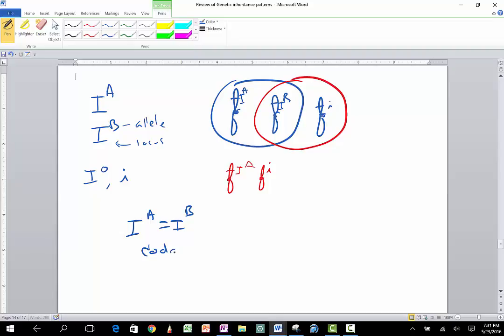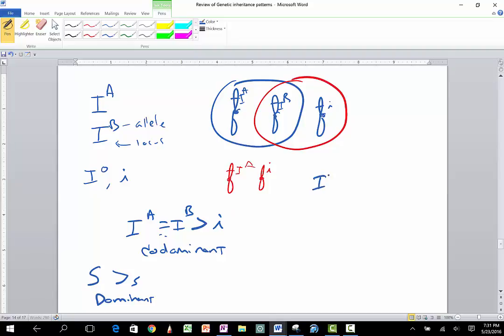So we can write it like this. They equal each other. Just with a regular allele, let's say that we had sepia. Wild type for sepia is dominant over mutant for sepia, so that we would write that as dominant. So these guys are codominant, so they just get an equal sign, but they're both dominant to little I.